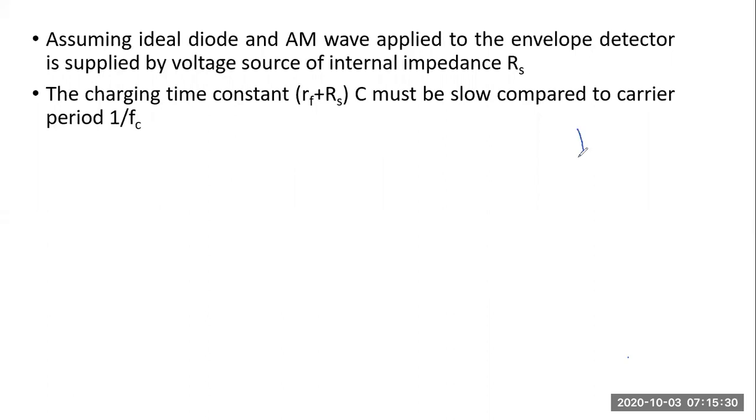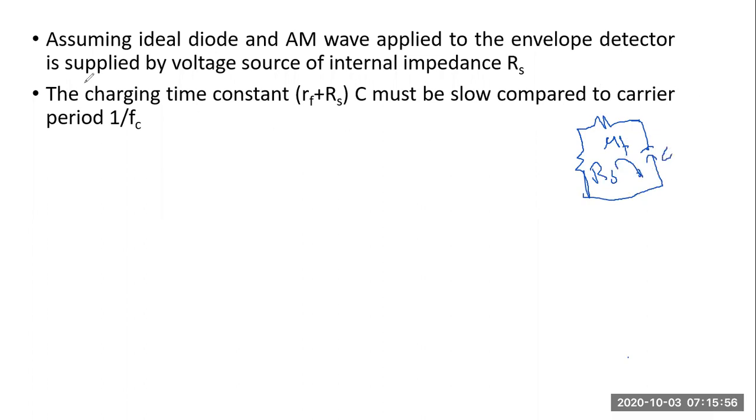I have the internal resistance of the source, the internal resistance of the diode. This is Rf, and this is Rs, and we have the capacitor C here, and this capacitor is charging through a current flowing in this direction.